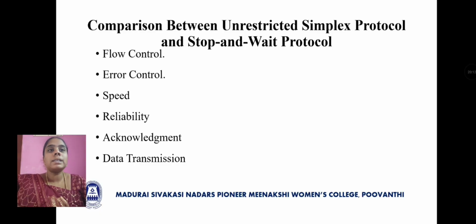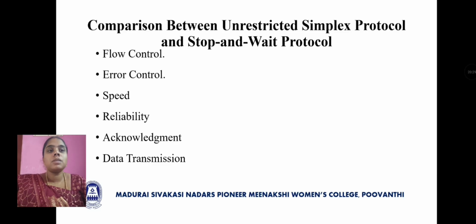And then speed. The unrestricted simplex protocol is faster because the sender transmits frames continuously, whereas the stop and wait protocol is slower because the sender waits for acknowledgement after each frame. And then reliability.